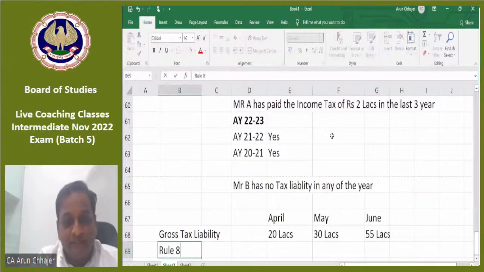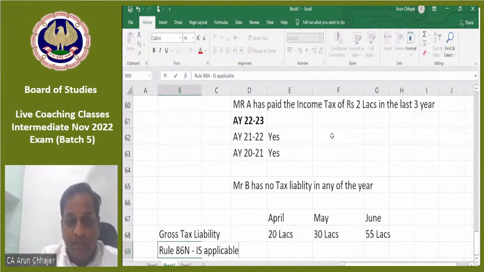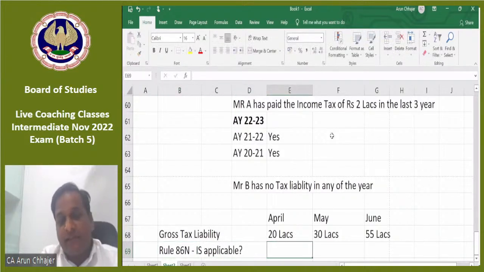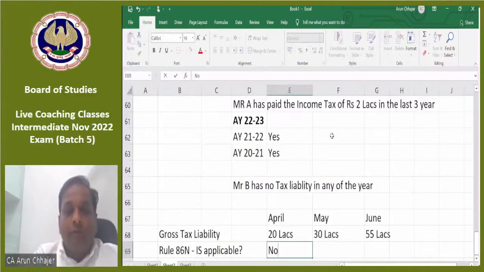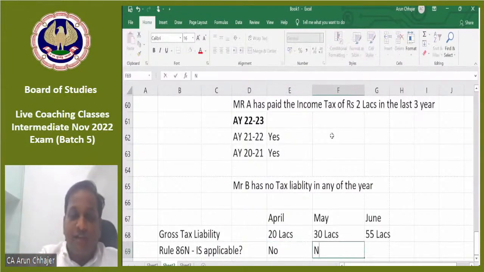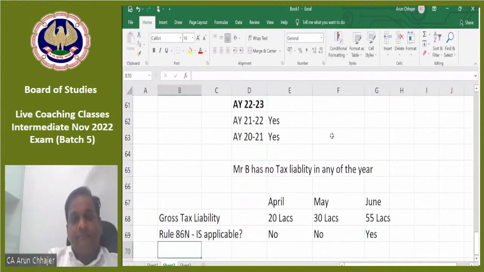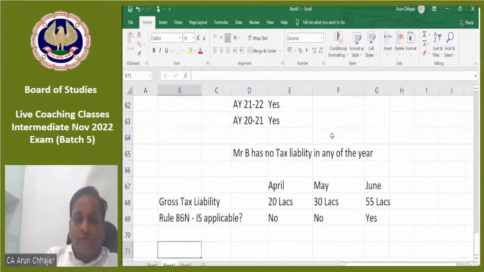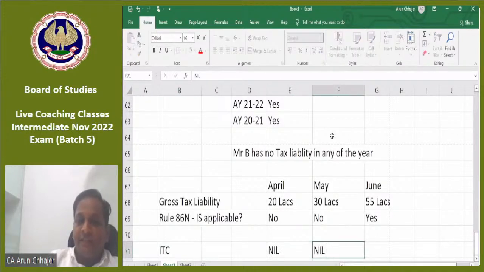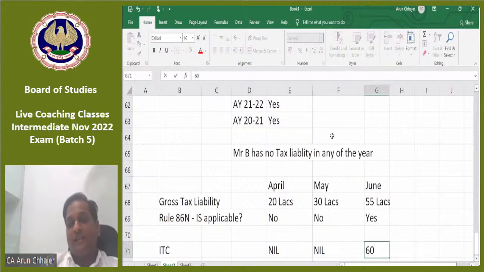Whether Rule 86B is applicable in the first month? No, because the turnover is less than 50 lakh. Second month, no. Third one, yes. Now suppose there is no ITC in these months. Here, there is an ITC of 60 lakhs.